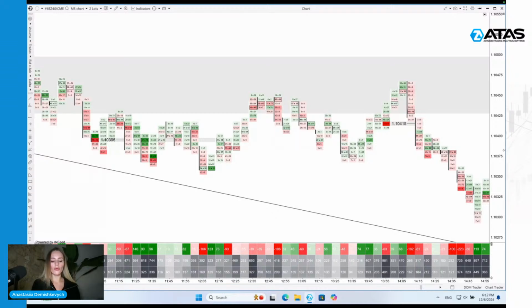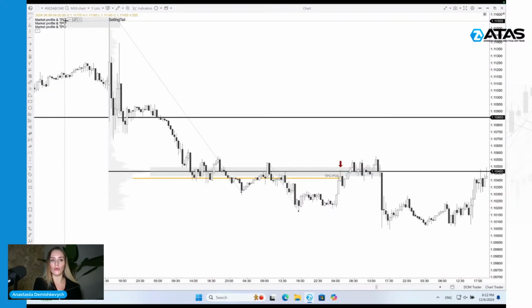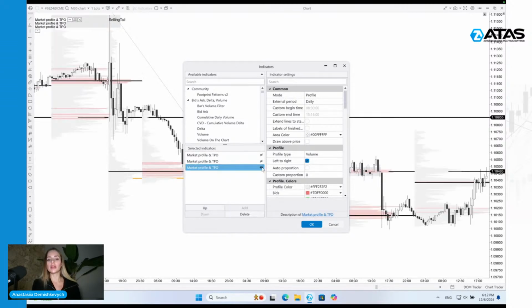All those volume profiles on the chart are from the instrument on Atas called the market profile. I have 3 of those: daily period, weekly period, and monthly period. For the purpose of today's 3 setups, I use the daily period.